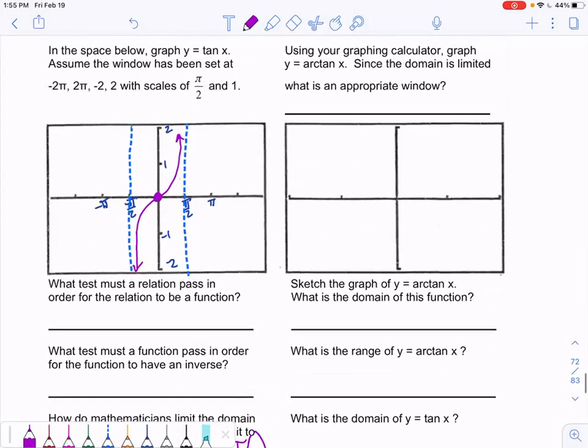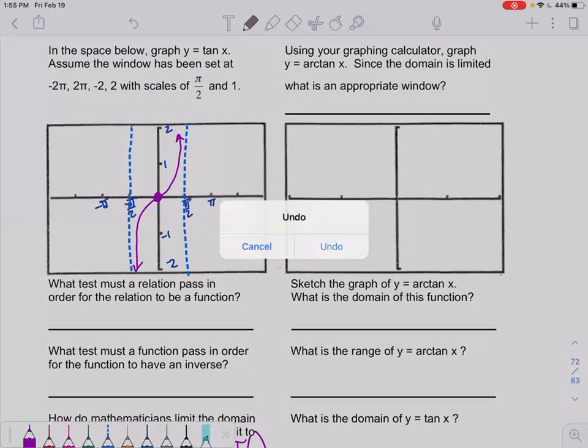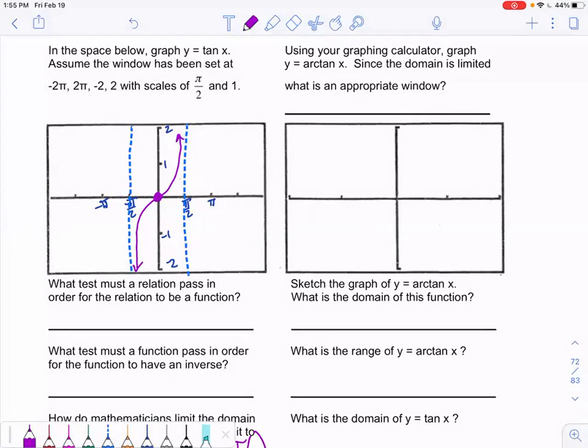So when we go to flip this, if it was a vertical asymptote, what do you think it's going to become? Horizontal. So my vertical asymptote was x equals, now it has a horizontal asymptote. So this graph still goes up to pi over 2 and down to negative pi over 2.